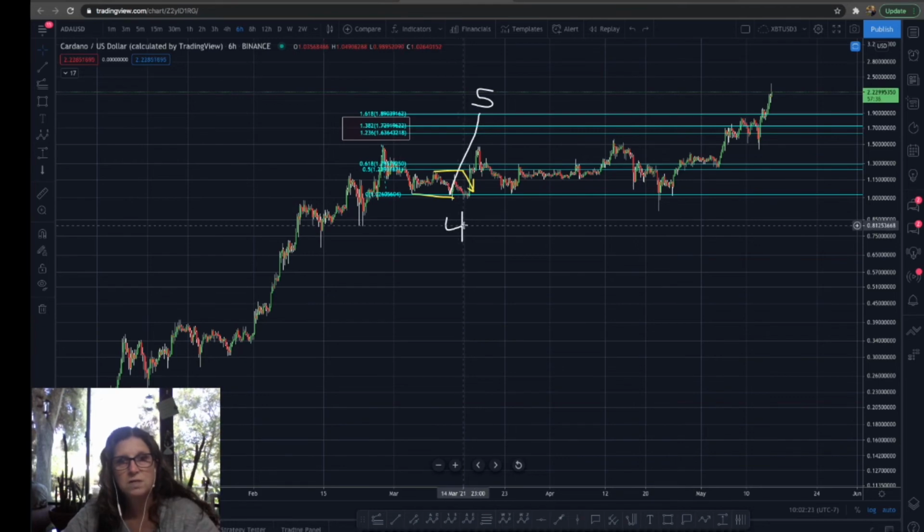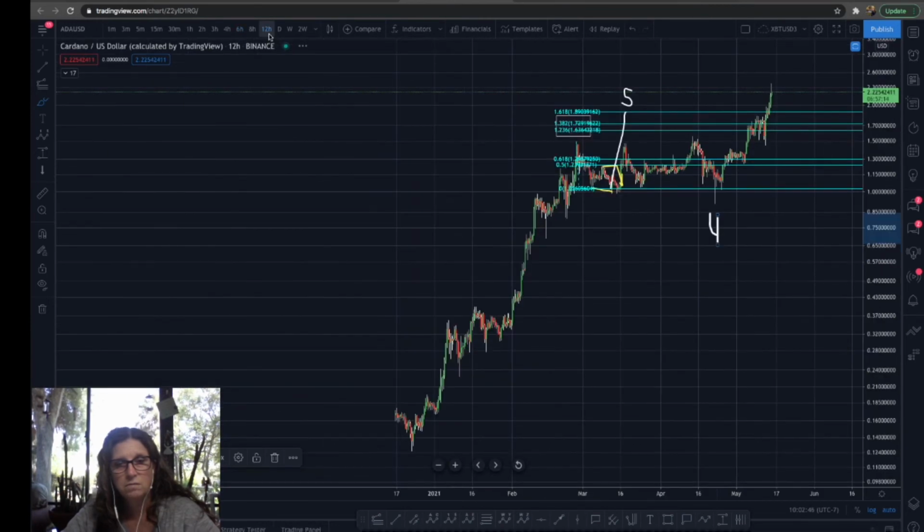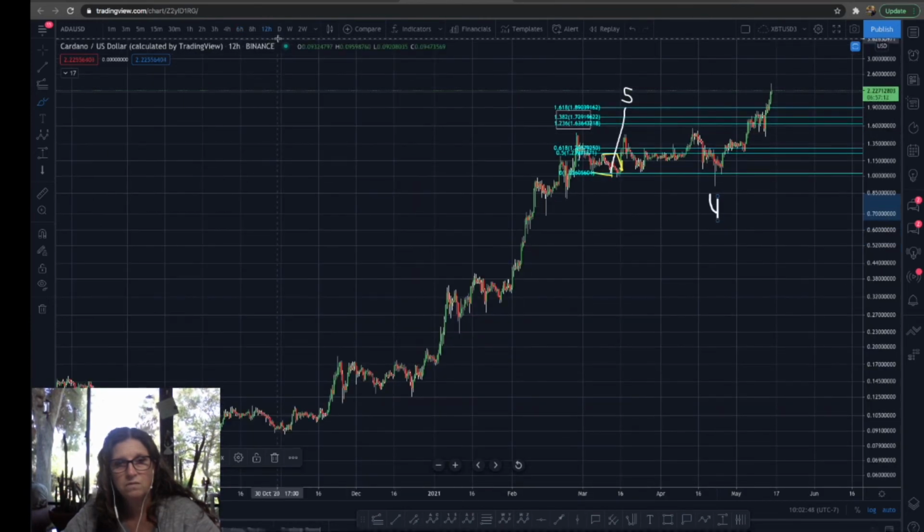And the 4 is actually over here, okay? And then we were looking for this 5, and now we've moved to the upside. So, with that being said, let's try to get a target on this 5th wave.